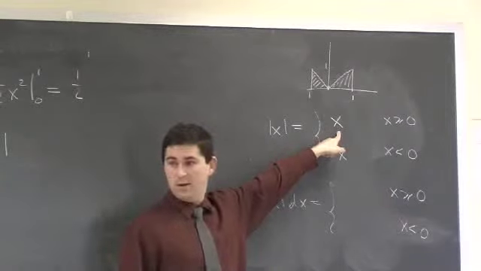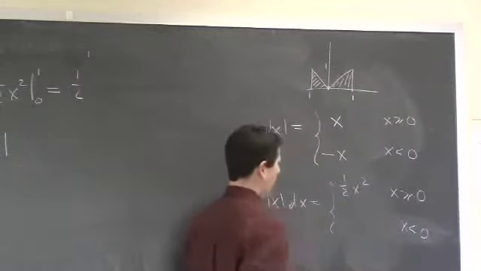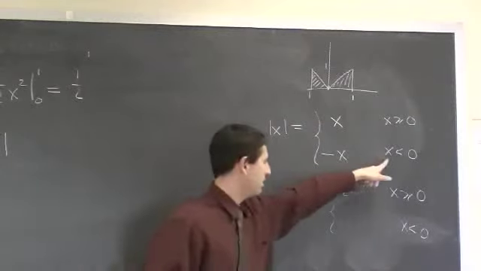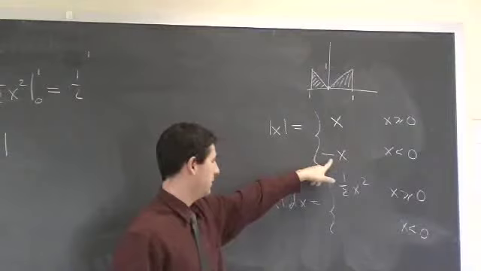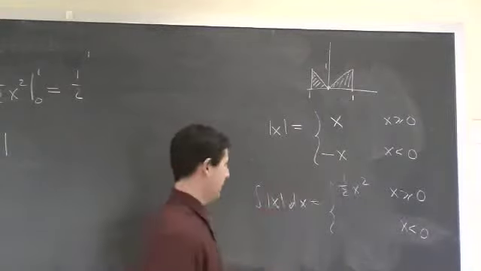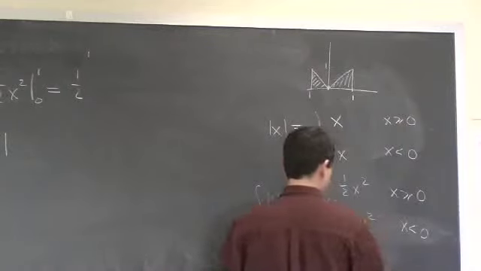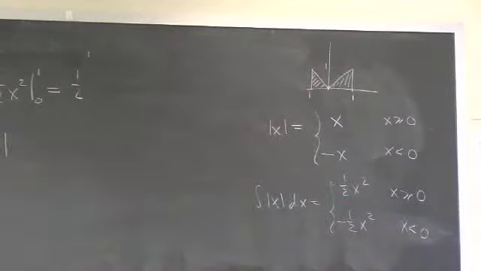So you get a half x squared. And when x is less than 0, the antiderivative is negative a half x squared. Okay. Very nice.